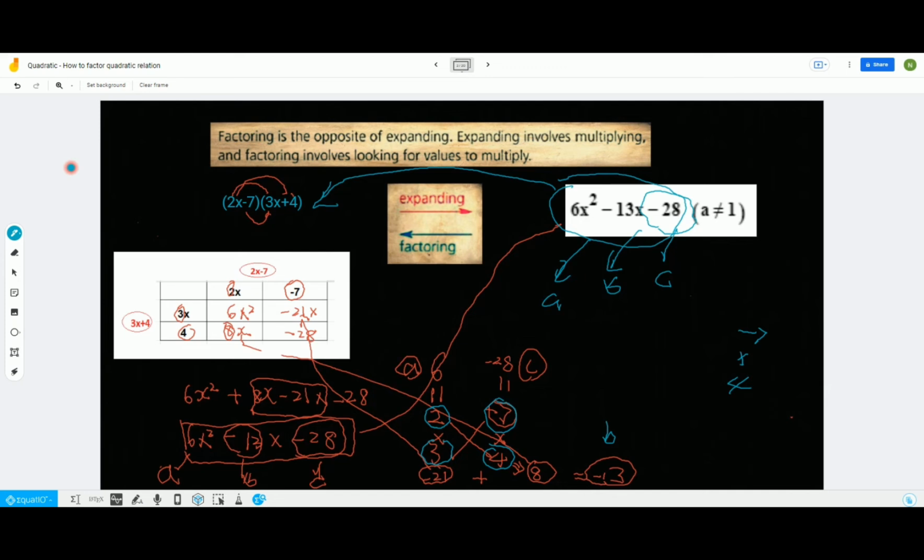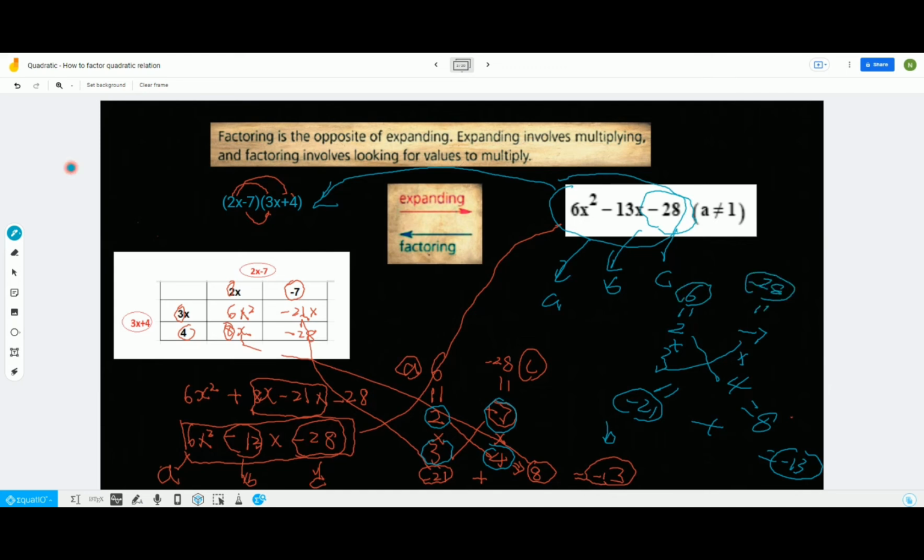For the 6, it should be 2 and 3. Then cross out: the cross products are 8 and negative 21, and negative 21 plus 8 equals negative 13. This is b, 6 is a, and negative 28 is c.